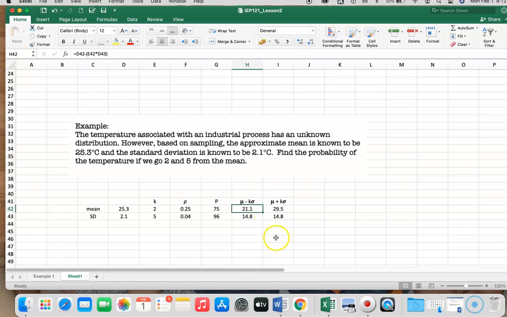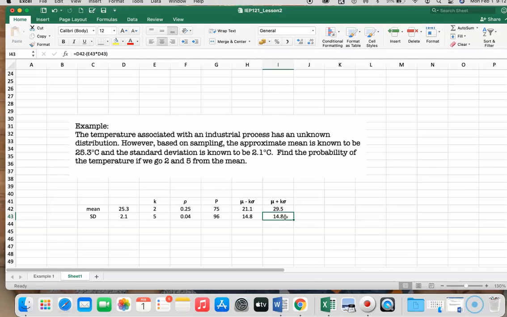This refers to the temperature. How do we explain the result? Applying Chebyshev's theorem, at least 75% of the time, the temperature will be between 21.1 degrees Celsius and 29.5 degrees Celsius. And at least 96% of the time, the temperature is between, sorry, this is wrong.